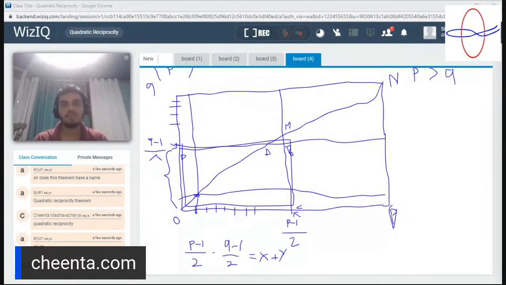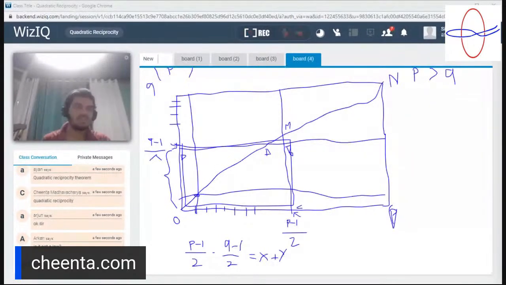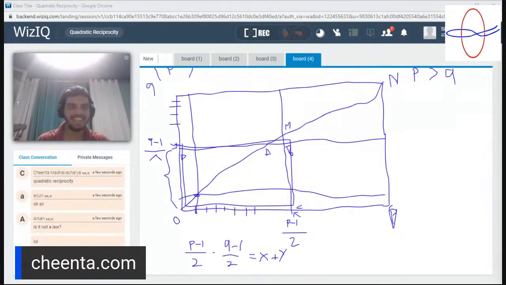We are looking at the number of lattice points in this box that I just made. I think it's, I'm not really sure. Can be law of, no, I think it is the quadratic reciprocity theorem. Honestly, I don't know what the difference is between naming it a law and a theorem. Either way, it's a good theorem, so definitely you can use it.